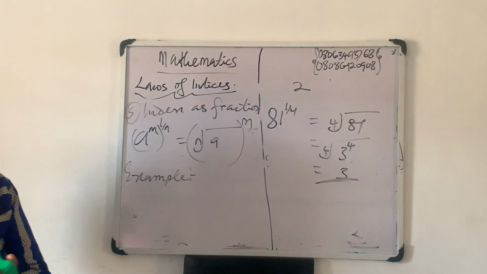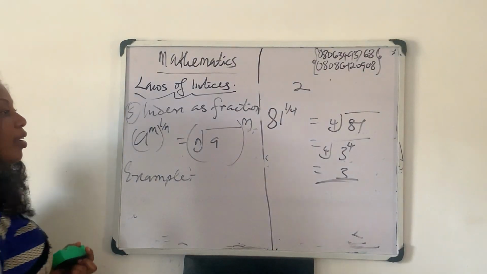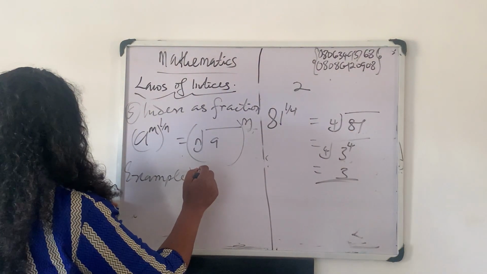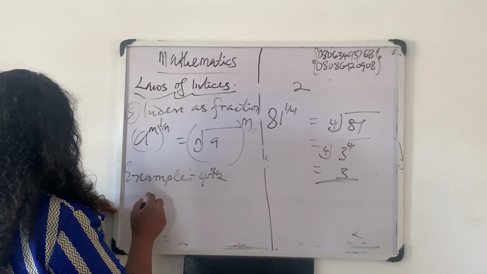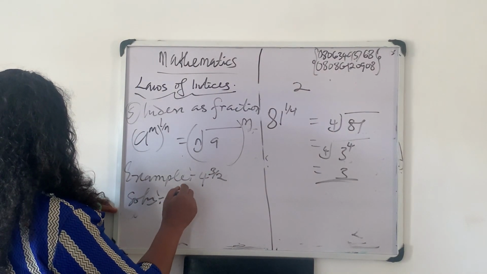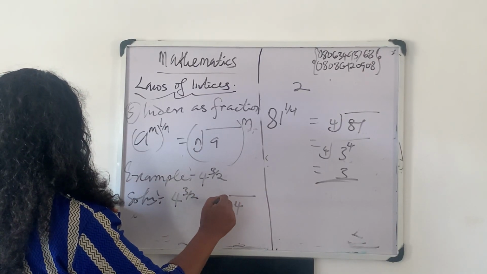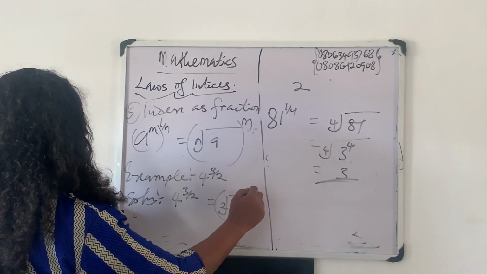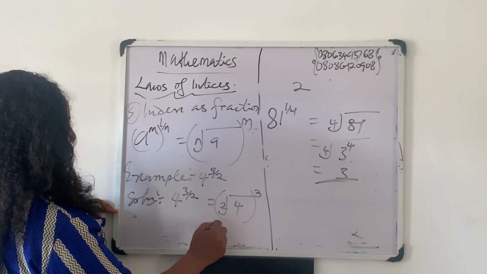Example, if you have, let's say, 4 raised to power 3 over 2. Let's solve this example. Solution: 4 raised to power 3 over 2 is this. You ask again, what number will multiply itself 2 times to give us 4?